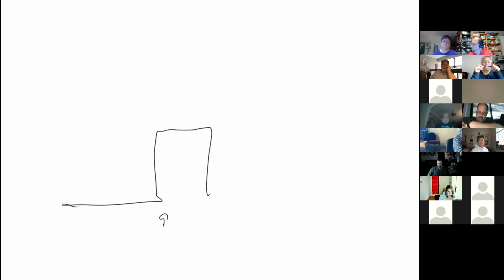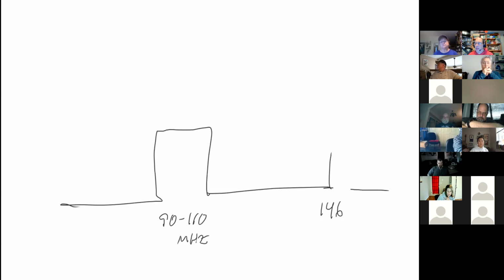Okay, so what would cause a broadcast AM or FM radio to receive an amateur radio transmission? Basically, if we have an FM radio that is designed to operate at 90 to basically 110 megahertz, and we are transmitting up here at 146 megahertz, is that FM radio supposed to hear you?